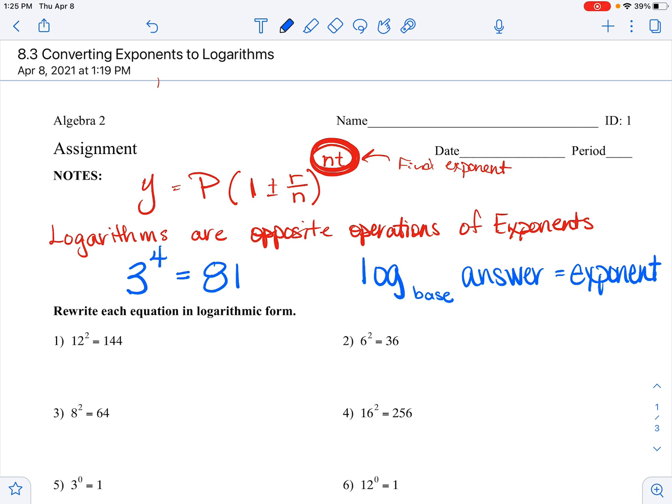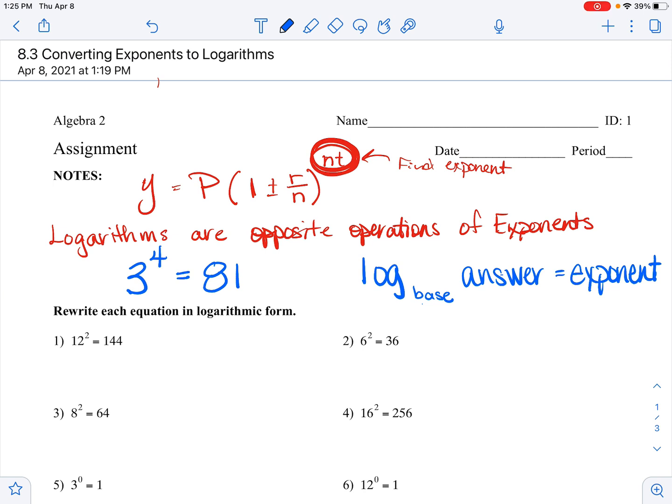And the way I would say this, it would be the log base whatever of the answer is equal to the exponent.